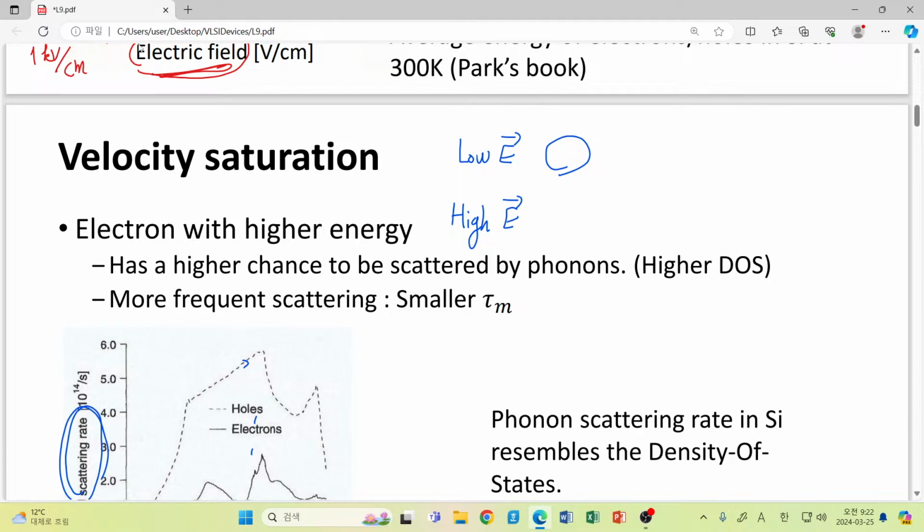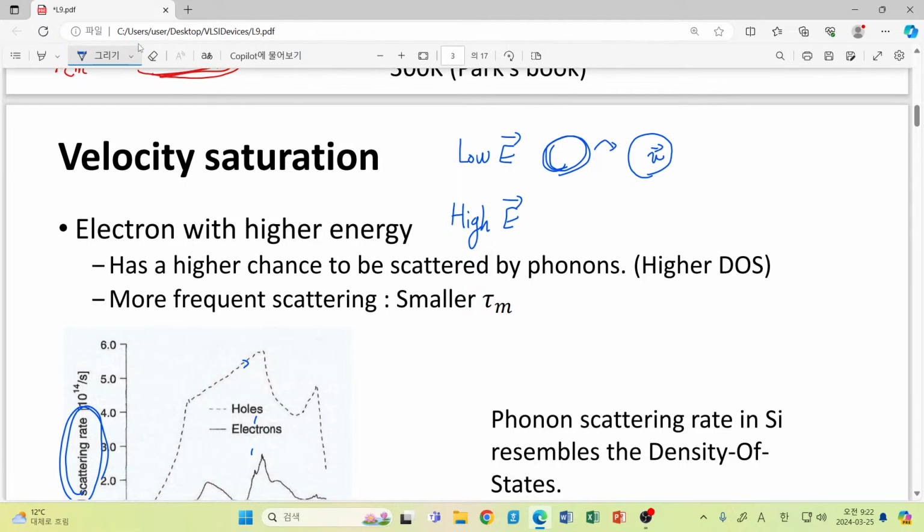In this case, our electron gas does not get much energy, so scattering is not that frequent, so it has a certain velocity. However, in this case, high electric field, what happens is, if we apply high electric field, it becomes quite high energy on average.